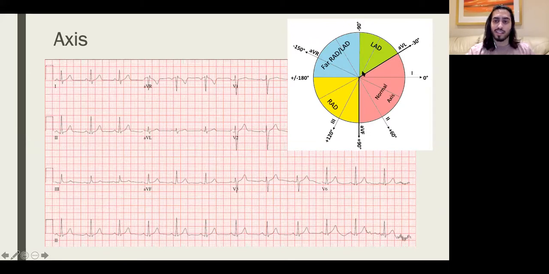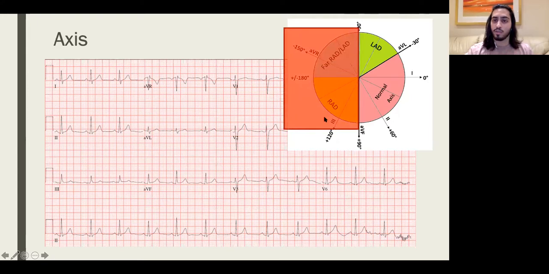All we know is that it's definitely not this way, because if it was over here, towards AVR, towards 180, towards 120, then that would actually be a negative deflection you'd see here. So what we can do, we can just get rid of that. We know that the overall axis is nothing to do with that. We know it's somewhere over here, okay? But we still haven't isolated where exactly the axis is going.